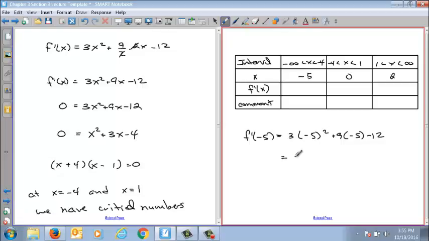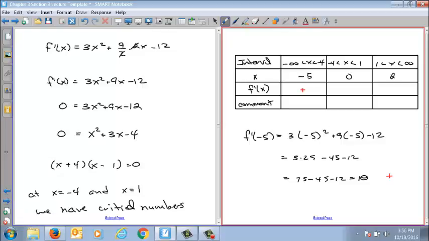Negative 5 squared is 25. 9 times negative 5 is negative 45. So here I get 75 minus 45 minus 12, which is 30 minus 12, which is 18. Now I really don't care what the value is, I just care if it's positive or negative. So I'm going to put positive there.